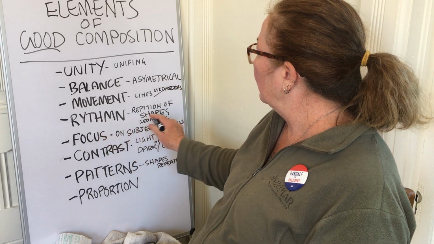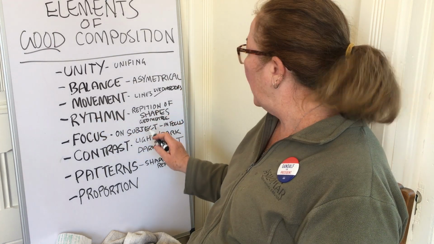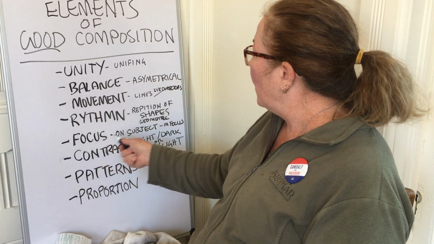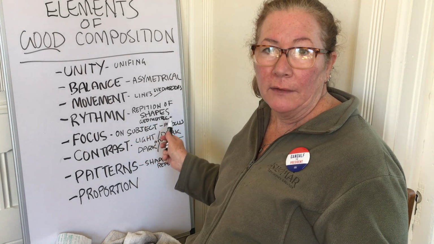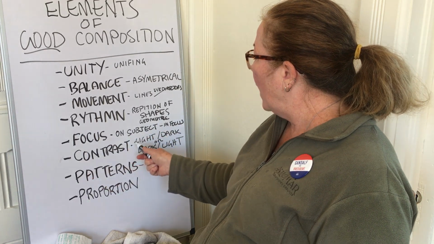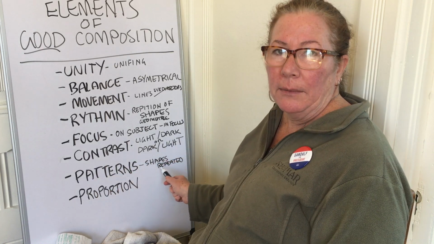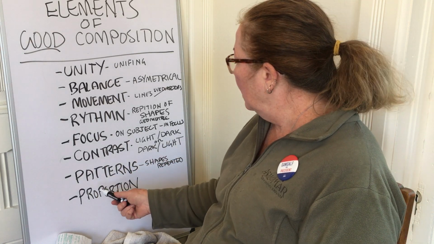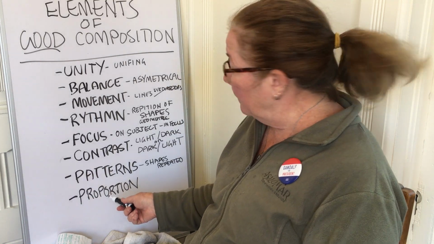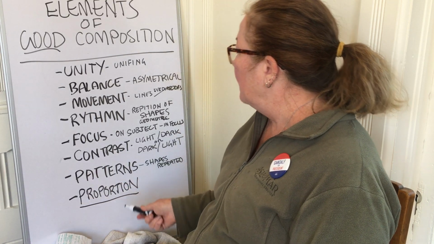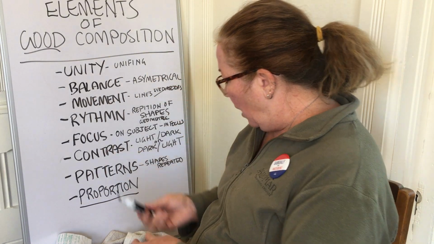Right? Rhythm, which is often the repetition of shapes, especially geometric. Focus, right? Focusing on the subject, so we know who the subject is. Contrast, light against dark, dark against light. Patterns, which are usually repeated shapes, okay? They could be organic or geometric. And of course, proportion. So all these are elements of good composition.